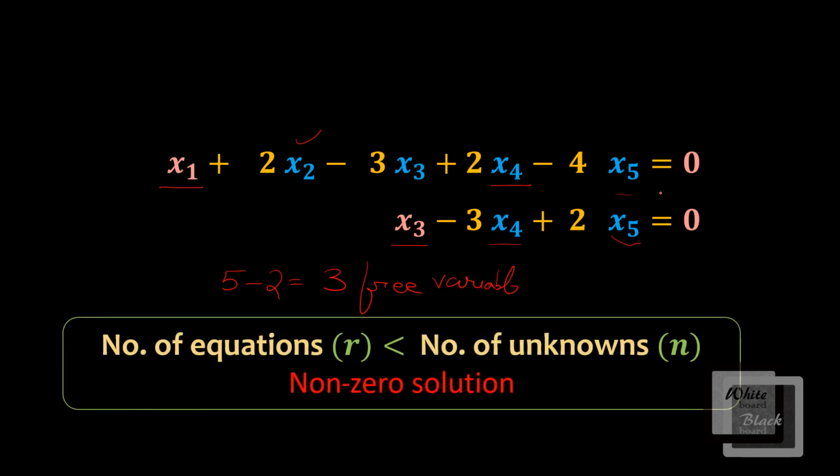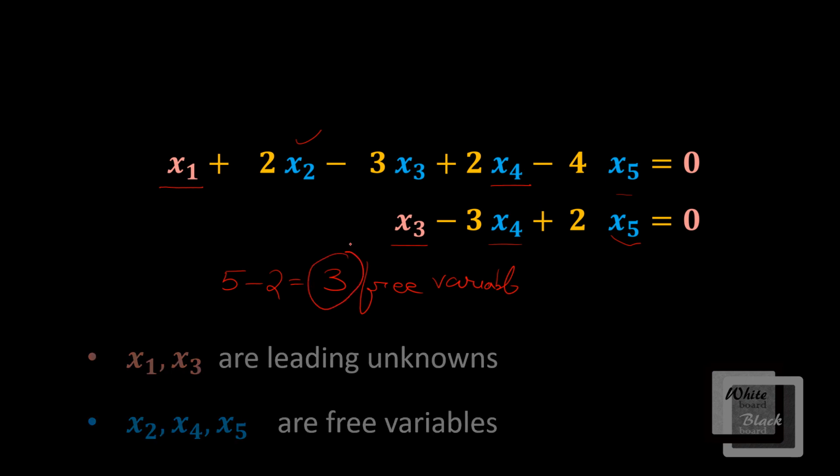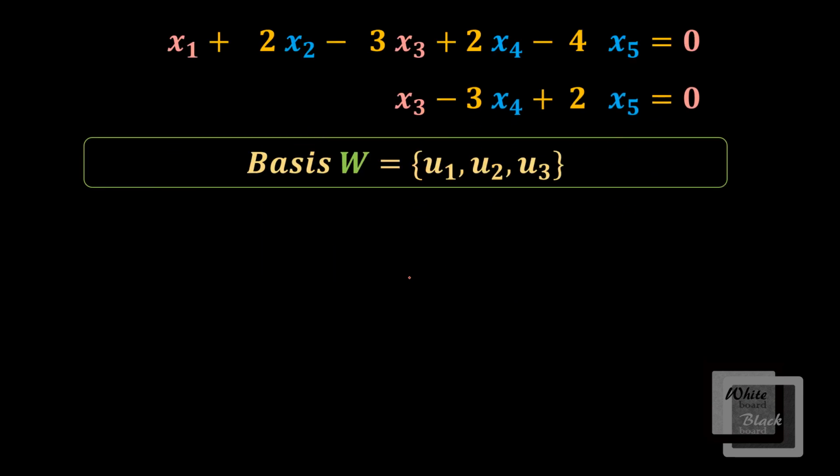The number of equations is less than the number of unknowns, therefore we have a non-zero solution. So there are three free variables, and we have three non-zero solutions u1, u2, u3. The basis contains three non-zero solutions as it has three free variables.